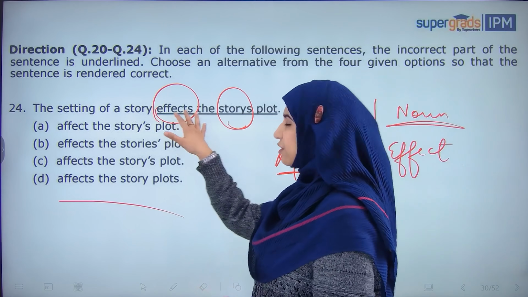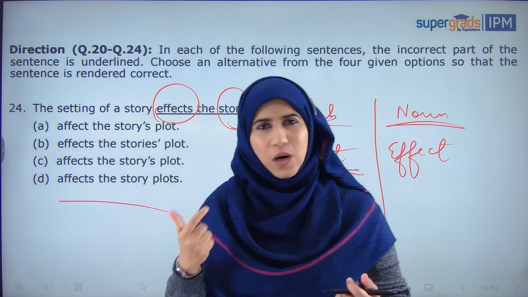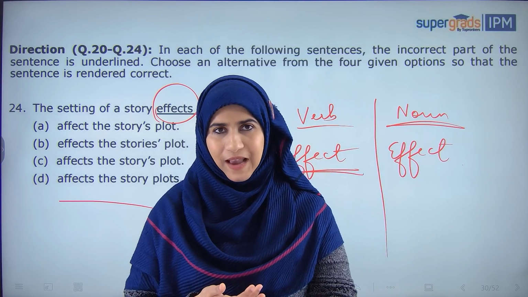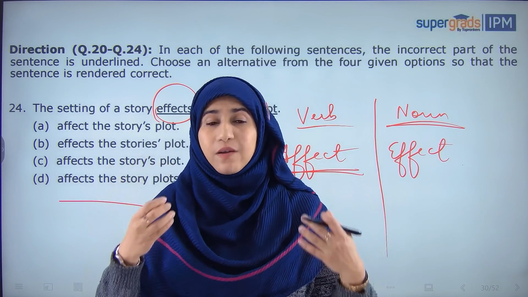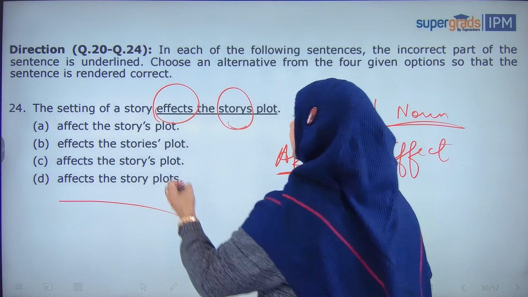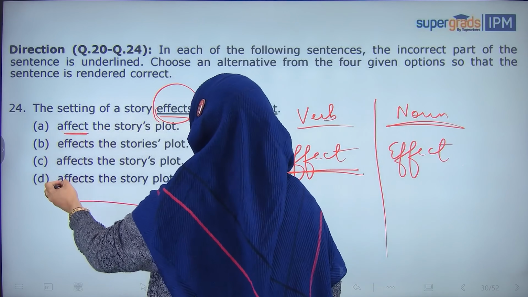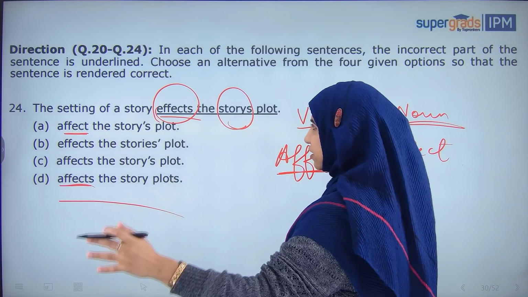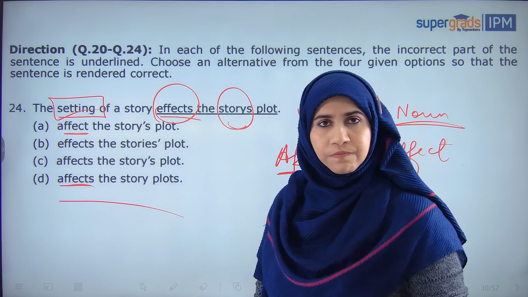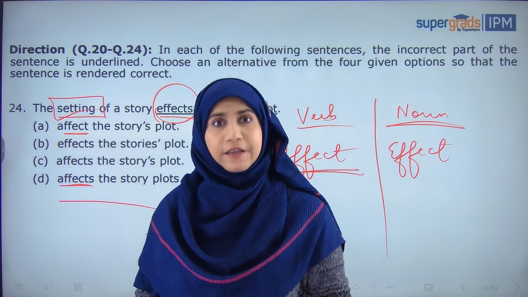So we actually need a verb, right? Because it's casting an impact. है ना? असर डाल रही है. We need a verb here. So that's why we must say affect. Now, should it be affect or should it be affects? Again, what is your subject? Setting. Setting, an uncountable noun, of course, should be treated like a singular noun.